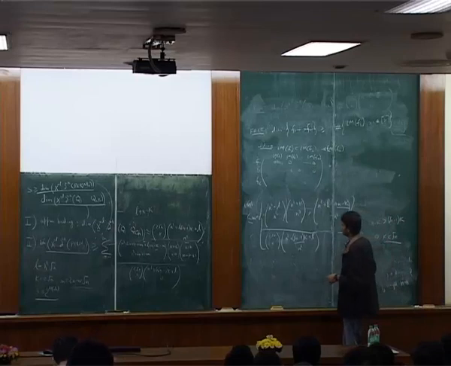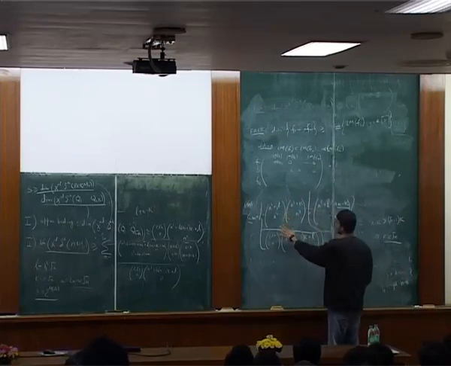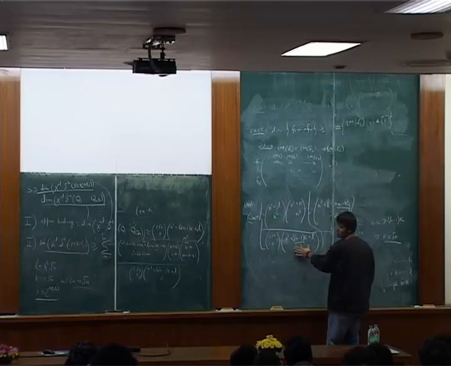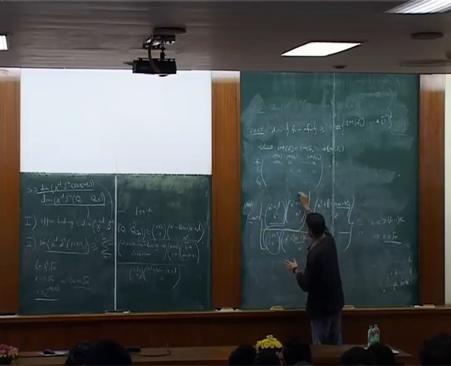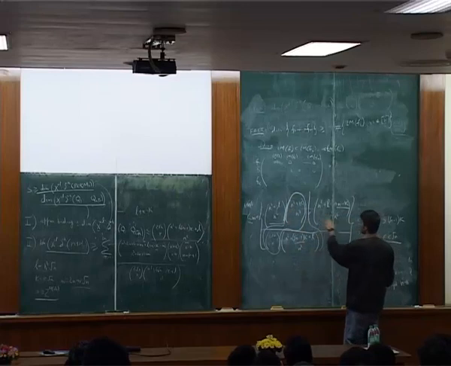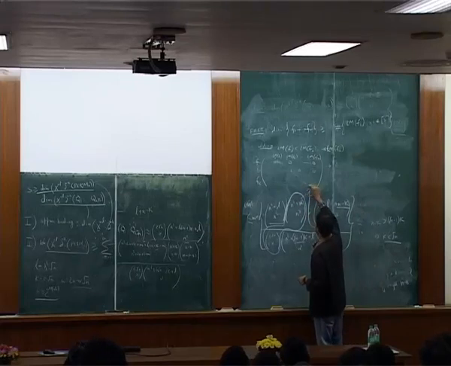Now, if k is less than root n, then note that this quantity is anyways less than this quantity. So the only thing you can get a lower bound from is this quantity, right? But if k is root n, then the best you can do is this, and this is 2 to the root n.